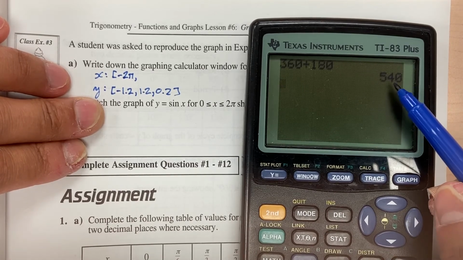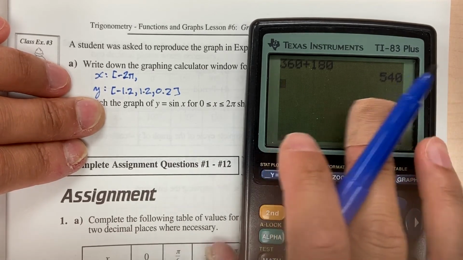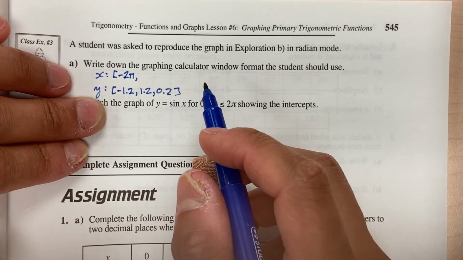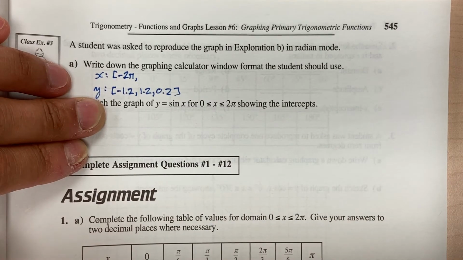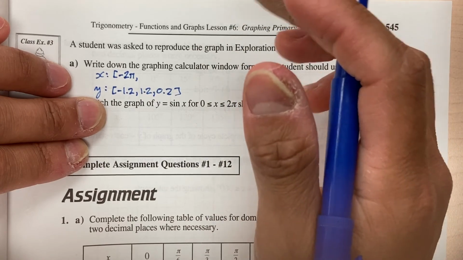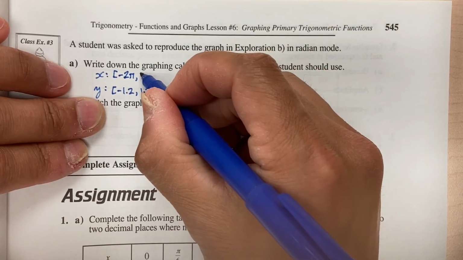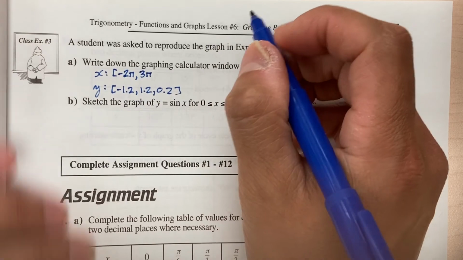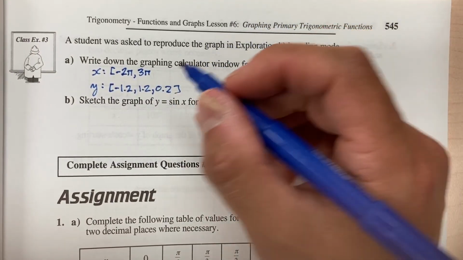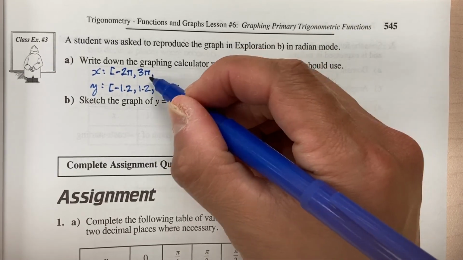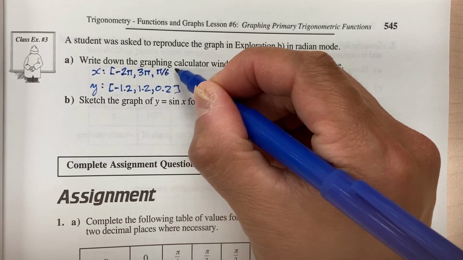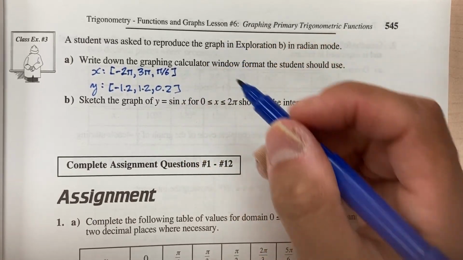In order to convert this into radians, we can use our conversion, or we can just say a full rotation is equal to 2 pi, plus a half rotation would be equal to 3 pi. And so 3 pi is equal to 540 degrees, and every pi over 6 is the scale of our x values.